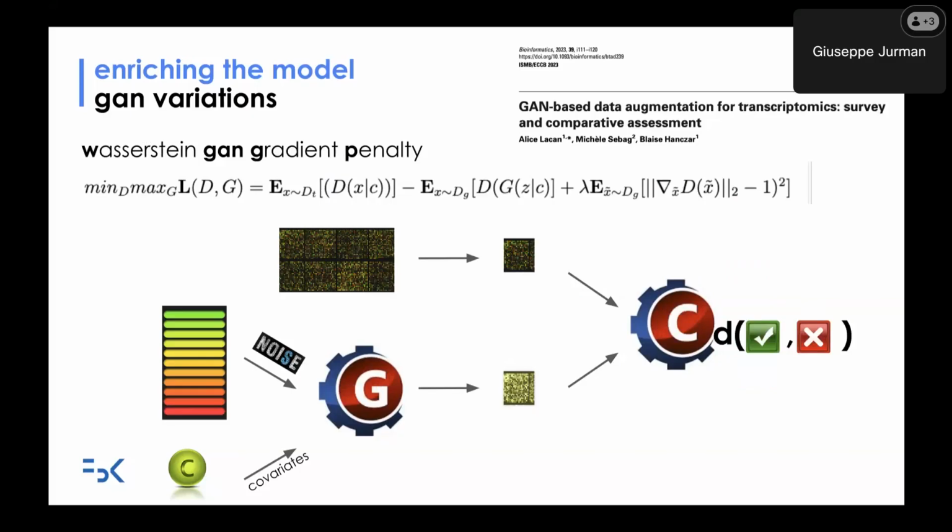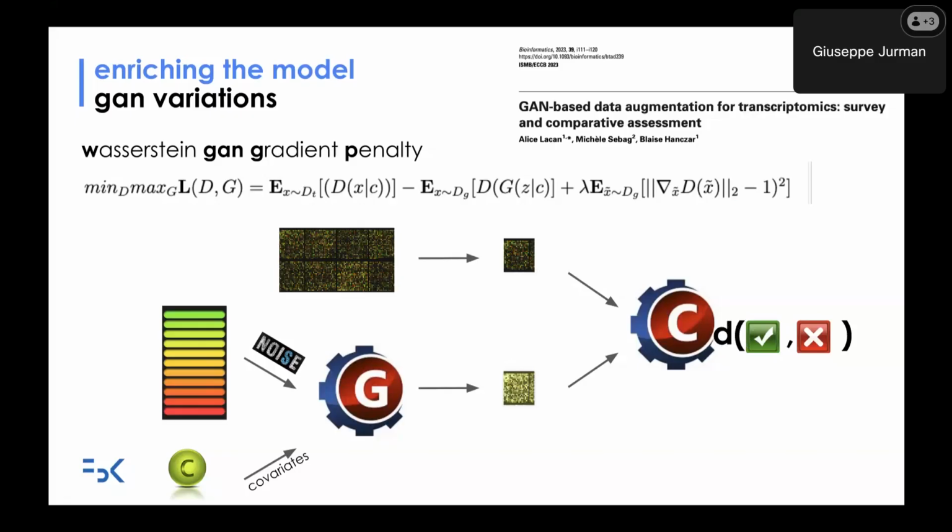A further improvement can come from using Wasserstein gradient penalty. So adopting, instead of just a discriminator, a critic using a Wasserstein distance between the good and the bad examples may greatly enhance the value that the synthetic data is providing.